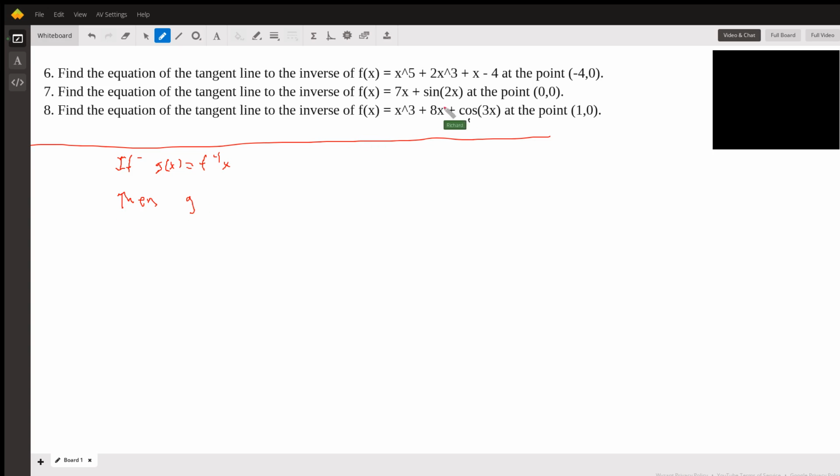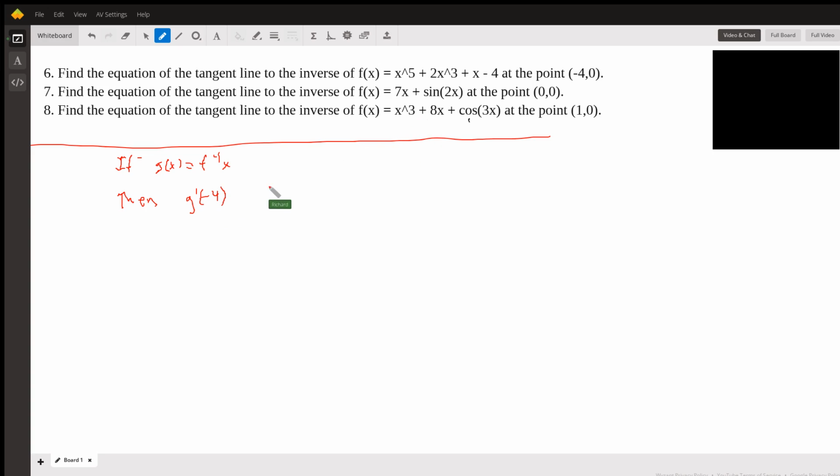we're looking for g prime of -4. And you can replace -4 with anything here. We could use a c here instead of a -4.